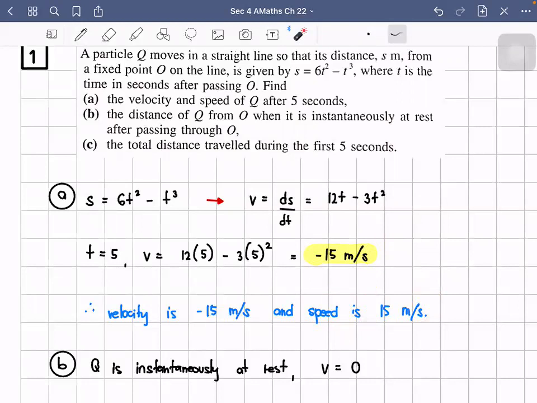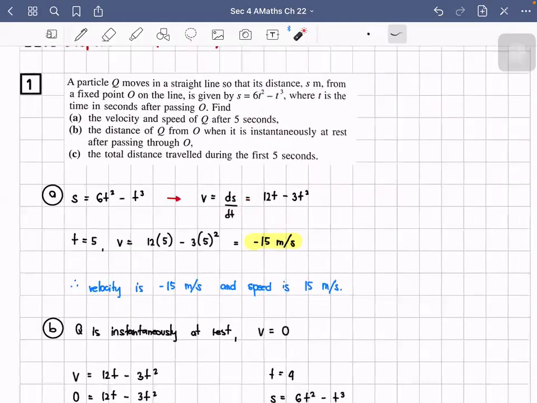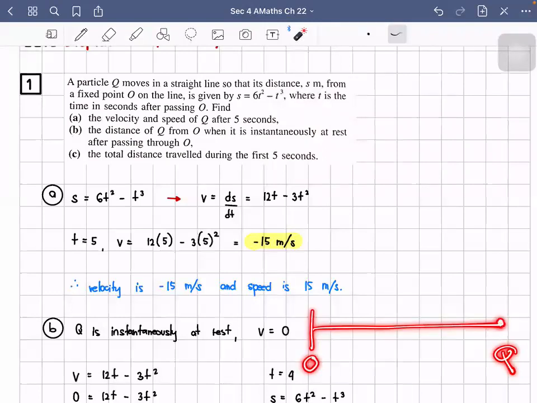Now, letter B. The distance of Q from O when it's instantaneously at rest. Let's say from the origin, this is O, and this is Q. If it's instantaneously at rest, it will turn from this point right here and go back.